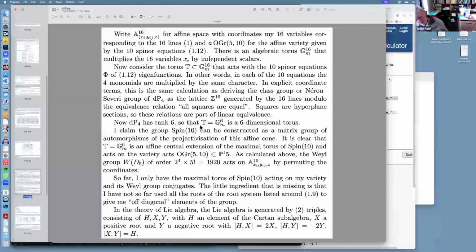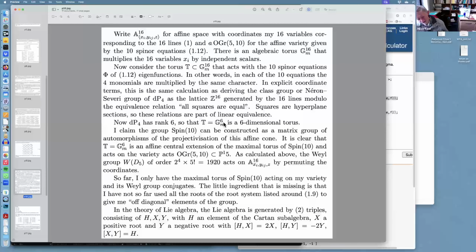Yes? So the del Pezzo surface has second Betti number 6, or Picard group of rank 6. Therefore, there are six of these 16-dimensional toruses.